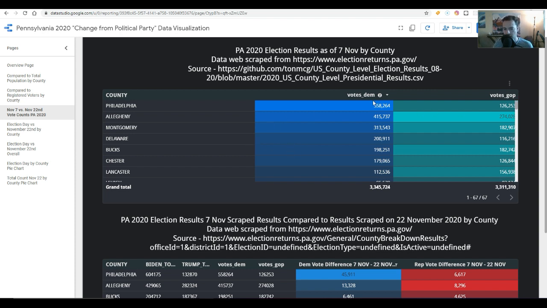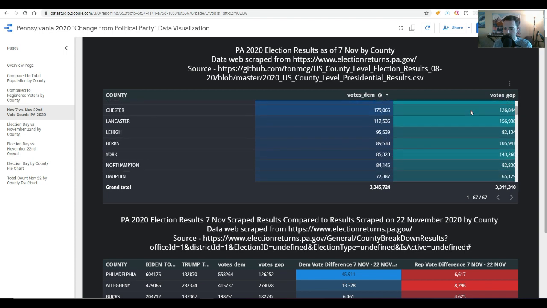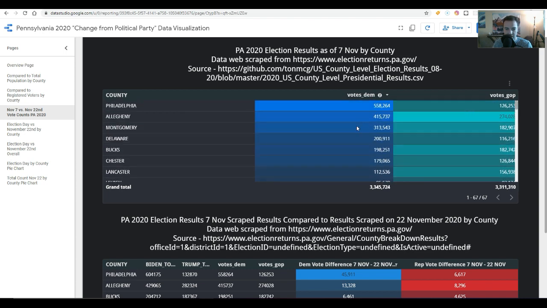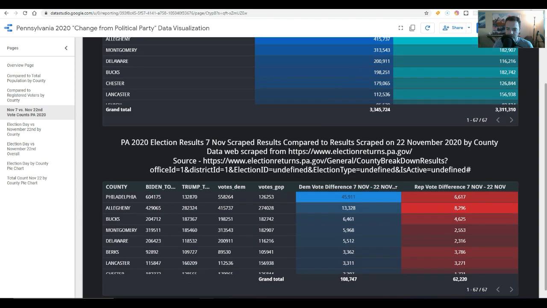And so it shows all of the vote counts right after the election, just several days, right? And it shows the respective leads. So this is a very close race in PA. We're looking at roughly 30,000 votes here, and it shows per county how those were distributed, and yeah, so you can see that there.